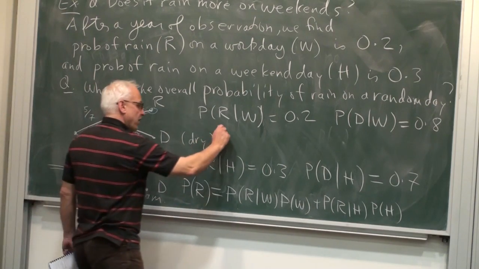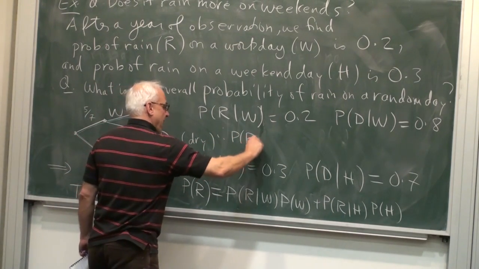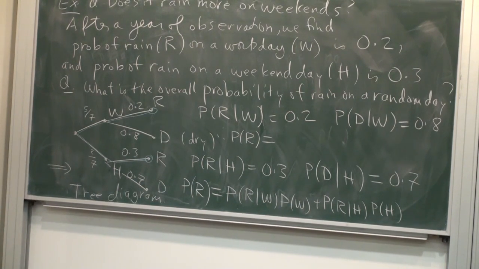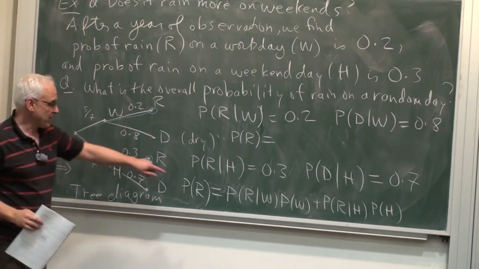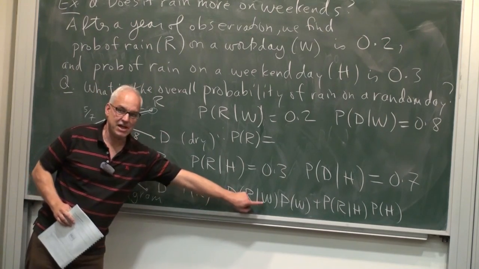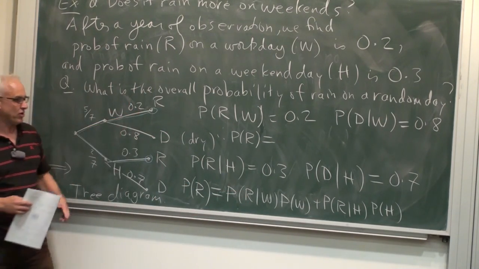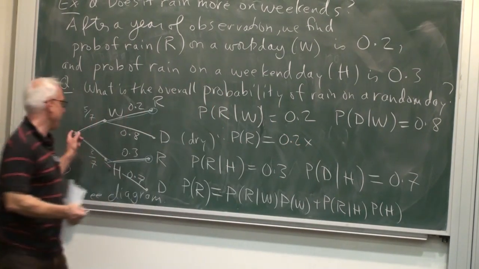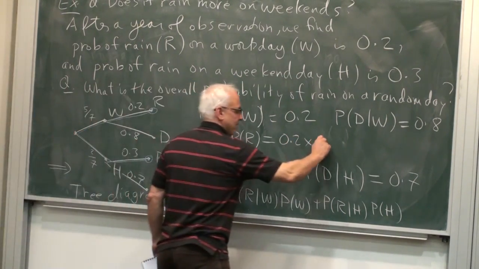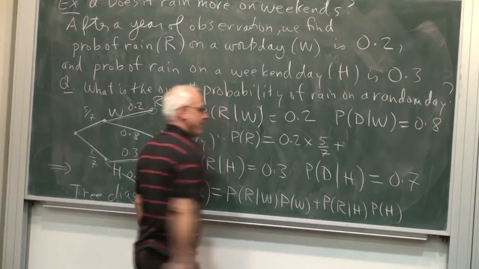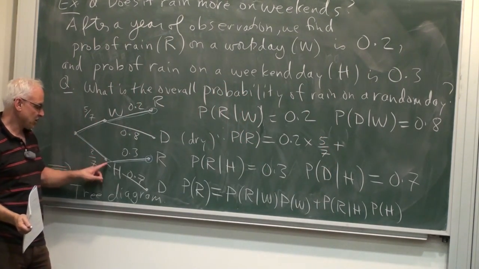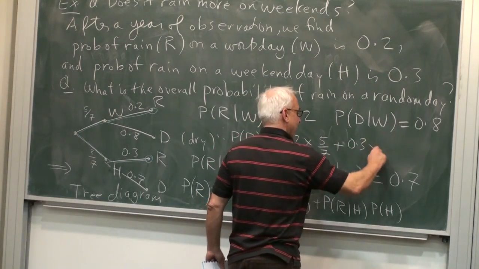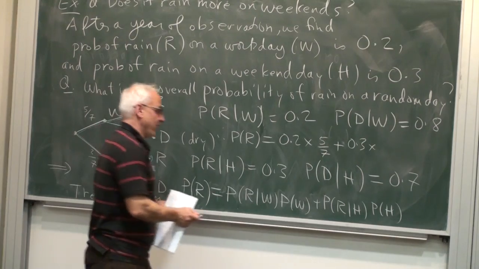And maybe I'll squeeze it over here. So therefore, the probability of rain is the conditional probability of rain given a work day, which we've said is 0.2. So 0.2 times 5/7. And the other one is the conditional probability 0.3 times 2/7.